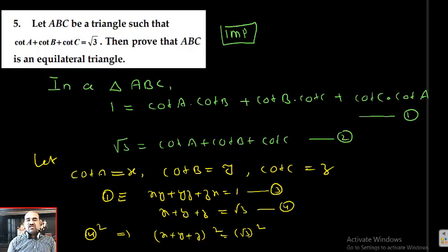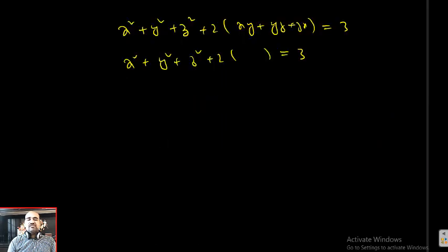Already from equation 3, you can say that xy plus yz plus zx equals 1 only. I will write 1, from 3. So what I got here? x square plus y square plus z square equals 3 minus 2 into 1, which is 1. Okay students, I can say that this is result number 5.